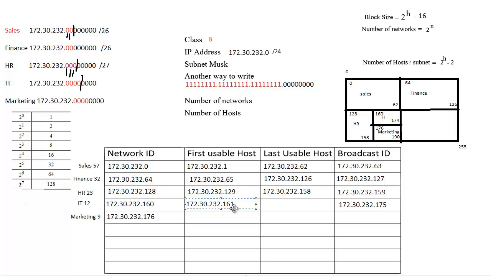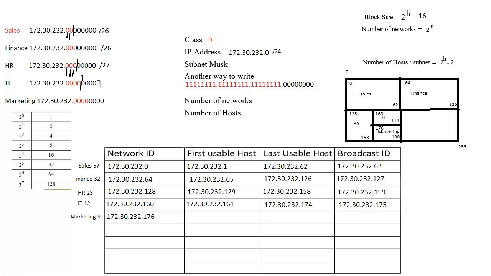And the last usable host for this network is just before the broadcast, so 174. So this portion, which starts from the network ID 160 and has last usable host 174, is the IT department.